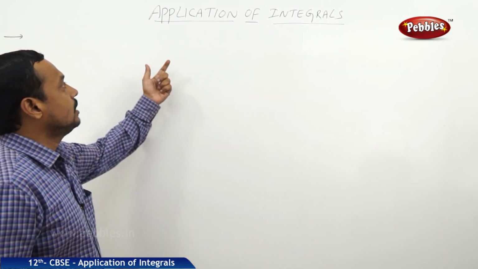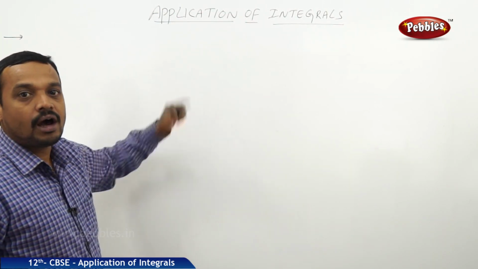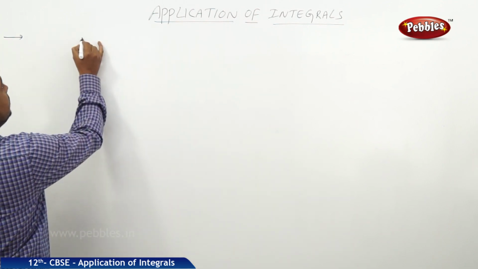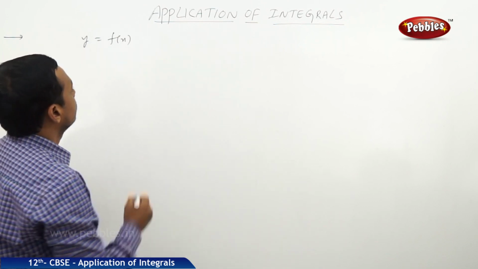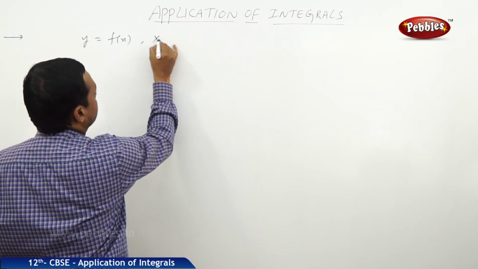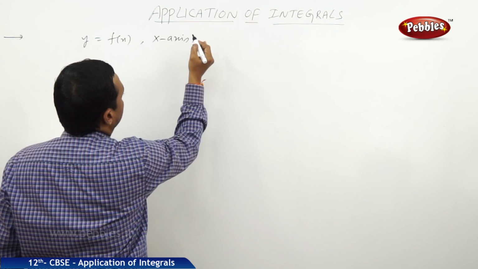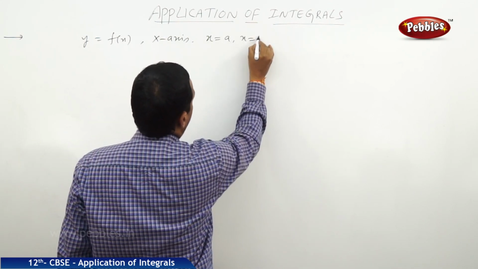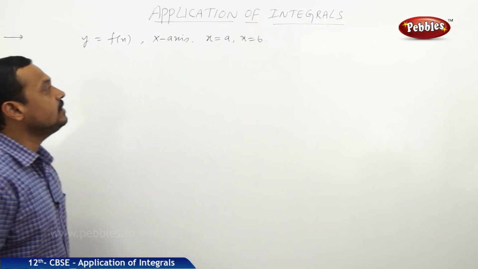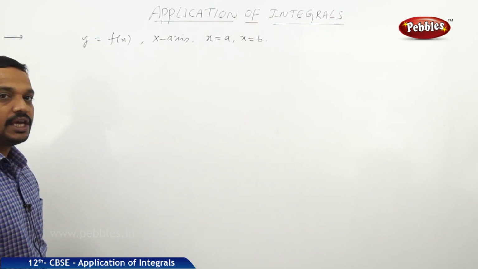And next, let us find the area of the curve y is equal to f of x with the x-axis and between the lines x is equal to a and x is equal to b when the curve is below the x-axis.